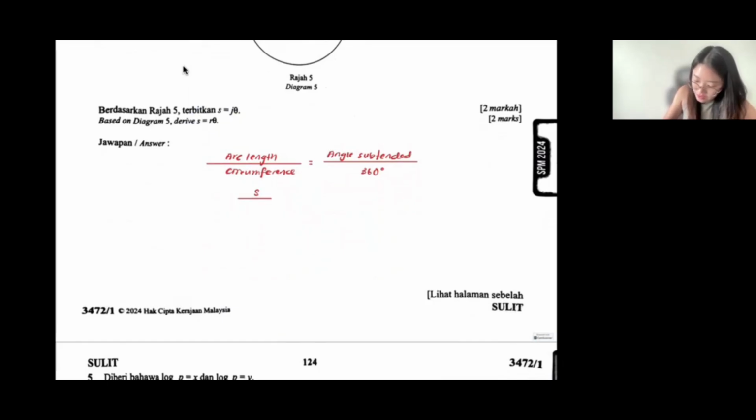Circumference, because this is Malay, it is j, so you can use j for radius, and if you're using English, then you can use r. Circumference is 2 pi r. And then angle is theta. 360, we're going to change it to radian form, so it's 2 pi. So s equals theta over 2 pi times 2 pi r. So cut whatever you can, 2 pi and 2 pi cut. So that will be s equals r theta. Okay, so this one settled.